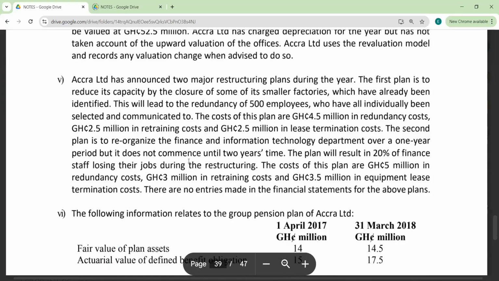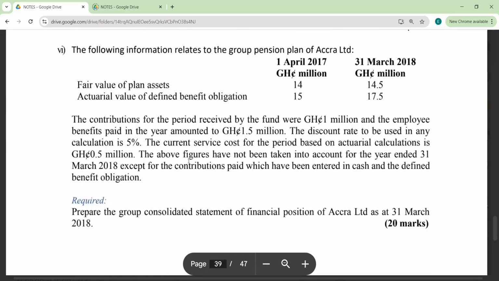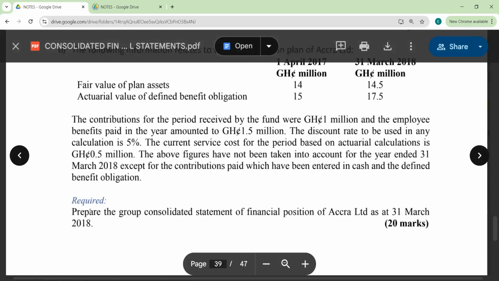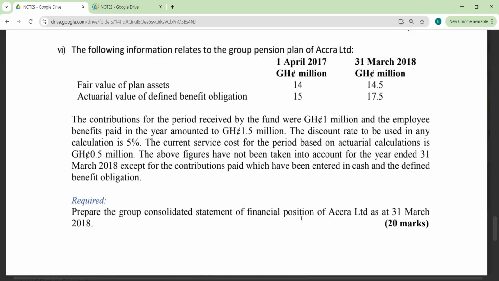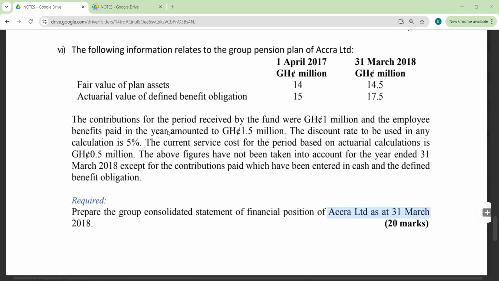First, I walk you through what you should do right after reading the requirements. Prepare the group consolidated statement of financial position of Accra Limited. So once I hear this, the first thing that I will do in exams is this.